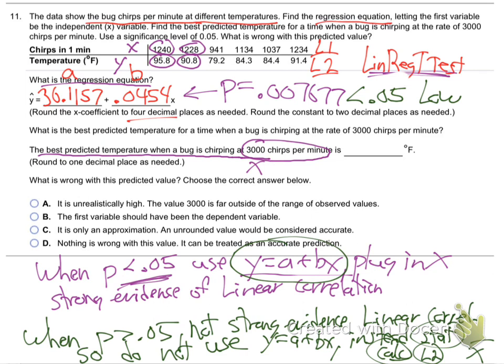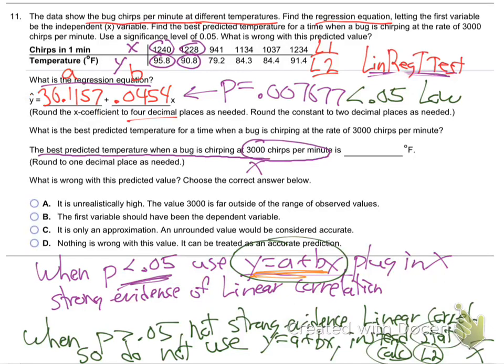So in this problem, we're going to use this equation. So let me go over here. Y equals a plus bx. Now, when you use this equation, you have to be more accurate. Even though they asked us for 4 places here and 4 places there, I've got to use all the places that our TI calculator gave us on the screen.